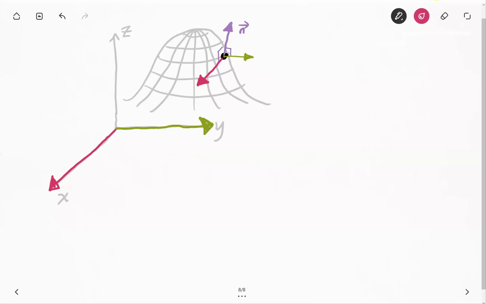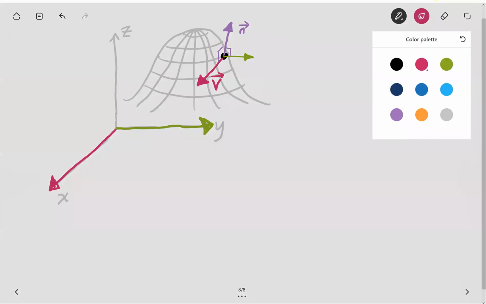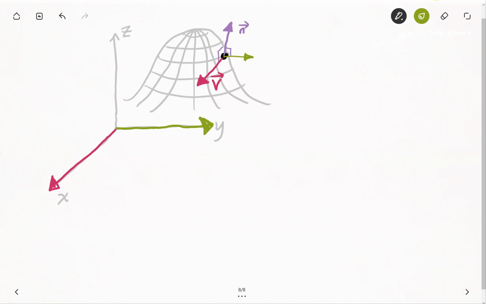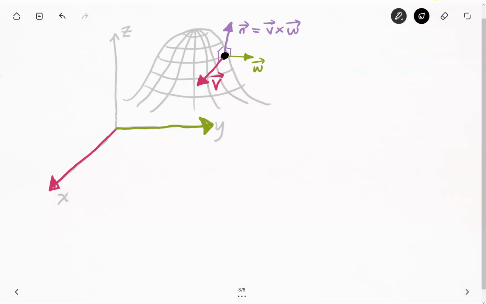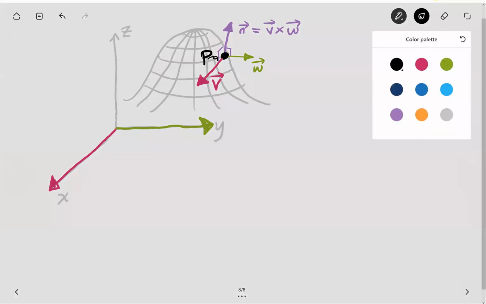If I give these vectors a name, let's call the slope vector in the x direction v, and the slope vector in the y direction w. To calculate the normal vector, we calculate v cross w. And then, provided we know the value at this point right here, once we have the normal vector, we're going to be able to write down the equation of the plane with this information. This is the goal.